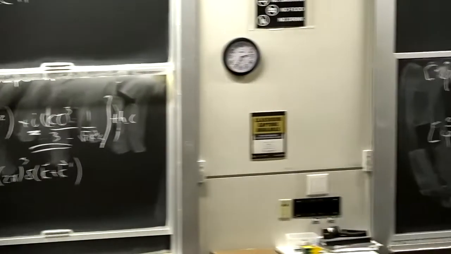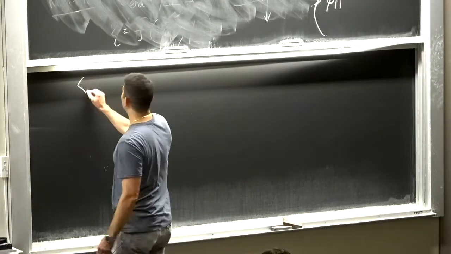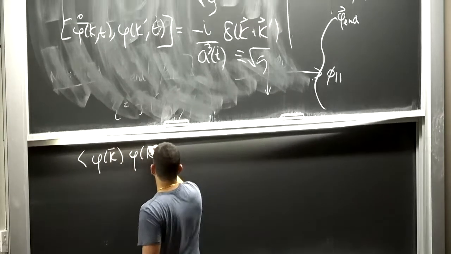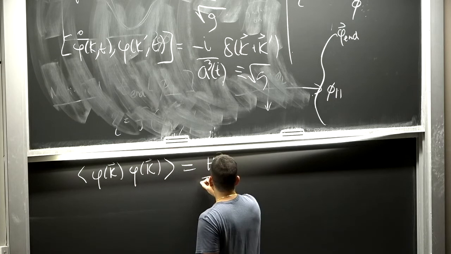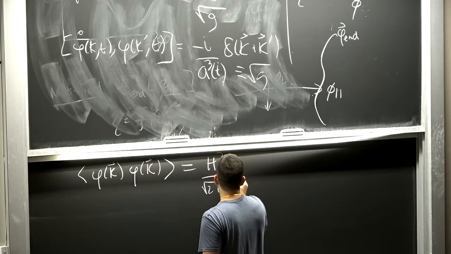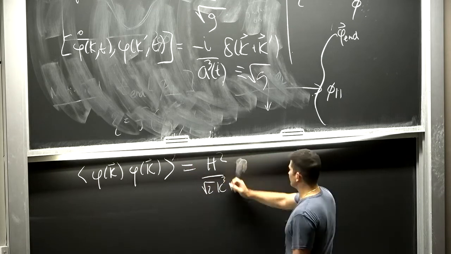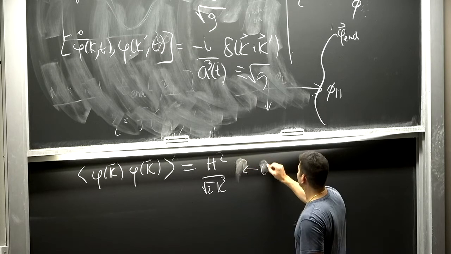So what that tells us is that this answer we've got, this 2-point function, I'm going to use my prime notation here to drop the delta functions, has to be a classical statistical statement.